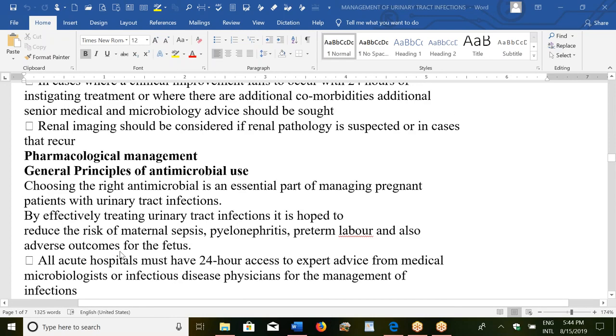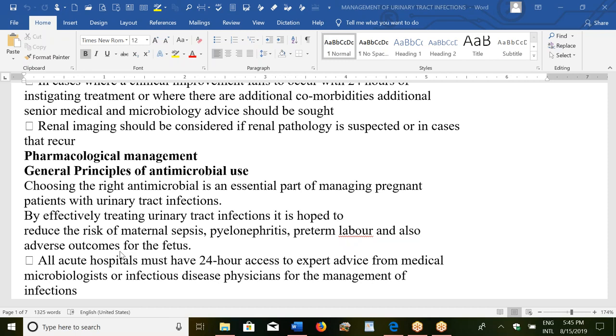So what pharmacological management can be offered? You should observe general principles of antimicrobial use, like selecting the right antimicrobial, and this is an essential part of managing a pregnant patient with UTIs. By effectively treating UTIs, it is hoped to reduce the risk of maternal sepsis, pyelonephritis, preterm labor, and also adverse outcomes for the fetus.